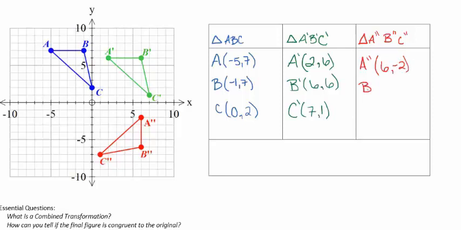And for B double prime, the coordinate is 6, -6. And for C double prime, the coordinate is 1, -7.